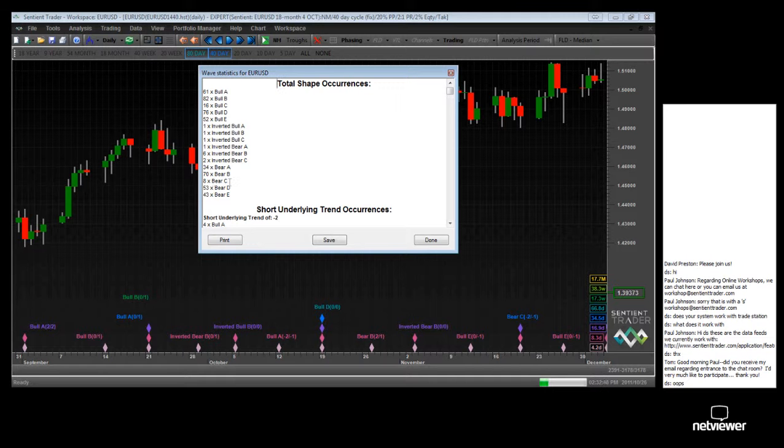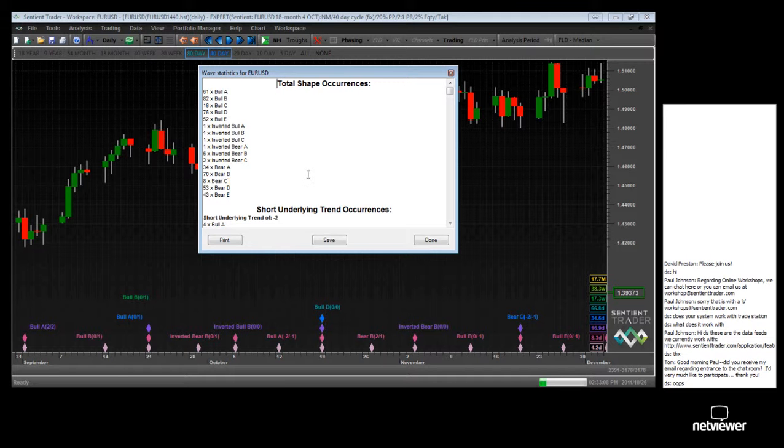If we add that all up, there are 61 bull A's, 82 bull B's, 16 bull C's, and so forth. If I add that all up, it's roughly 250 bull patterns. And how many bear patterns have been found in this analysis? 200 and something bear patterns. How many inverted patterns have been found? 2 plus 6 is 8, 9, 10, 12.